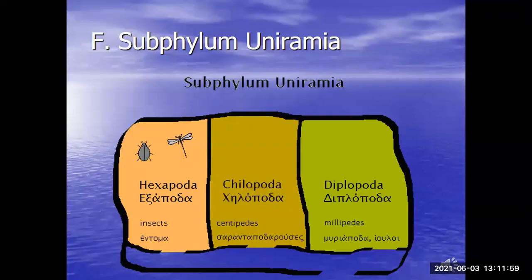Now compare this to the millipede. This is a huge millipede. I've never seen one naturally like this. I've seen one at the zoo in insect collections or invert collections, but never this big. But working around your house, you may have seen millipedes that might be 1 inch long.